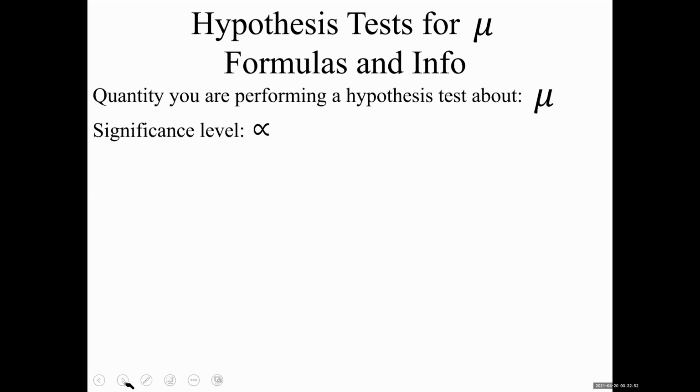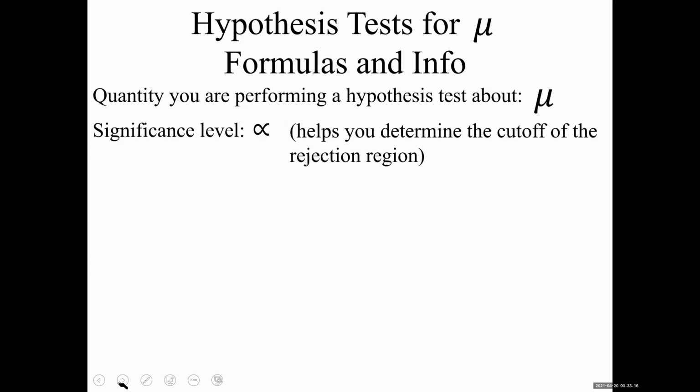Now, we're going to talk about problems, not today, next class, when an alpha is not given to you. What do you do when alpha is not given? But most of the time an alpha is given. And when an alpha is given, it's given so you can figure out where the cutoff lines are. So significance level is alpha. It helps you determine where the cutoff line for the rejection region is.